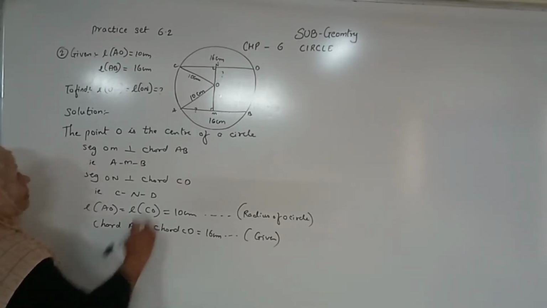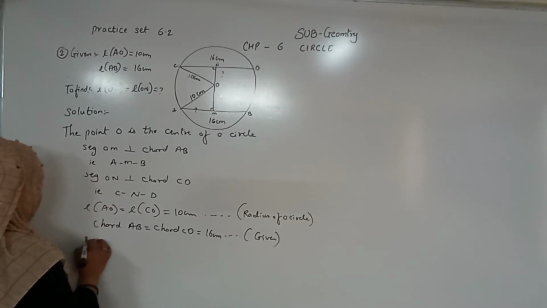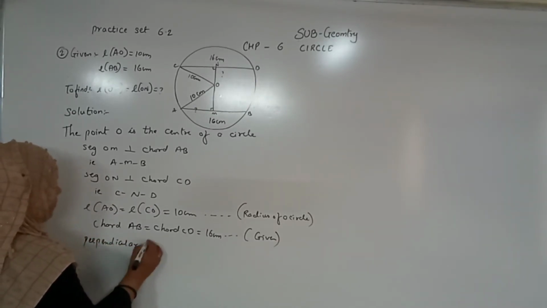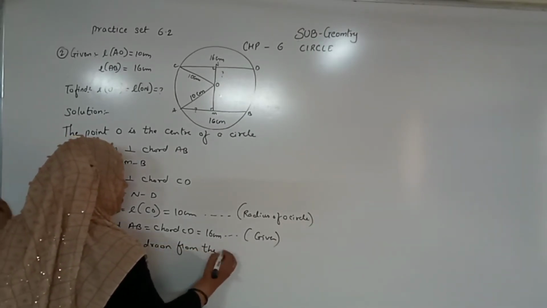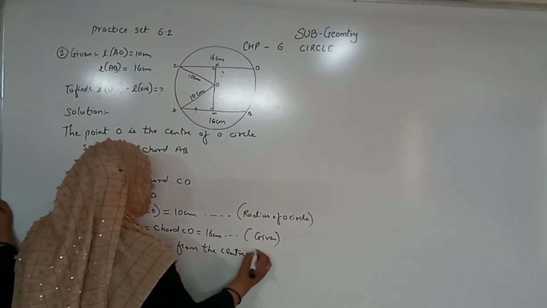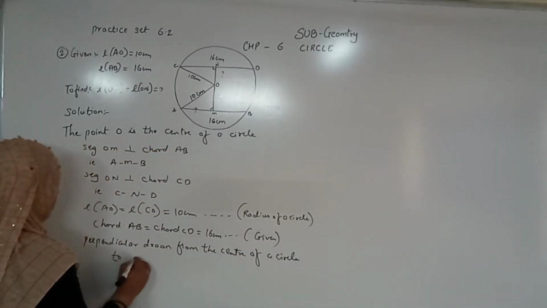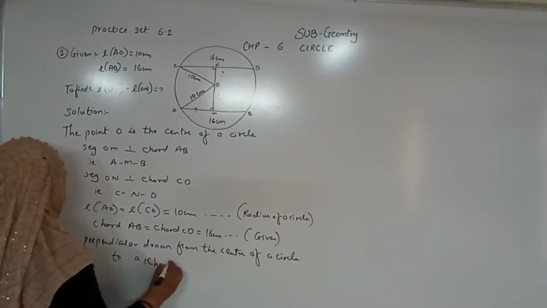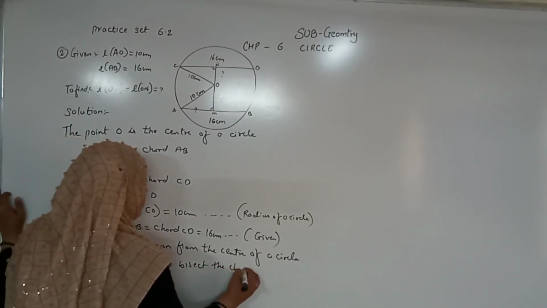First you will use the perpendicular theorem, which we used in 6.1. What are you going to write? A perpendicular drawn from the center of a circle to a chord bisects the chord.